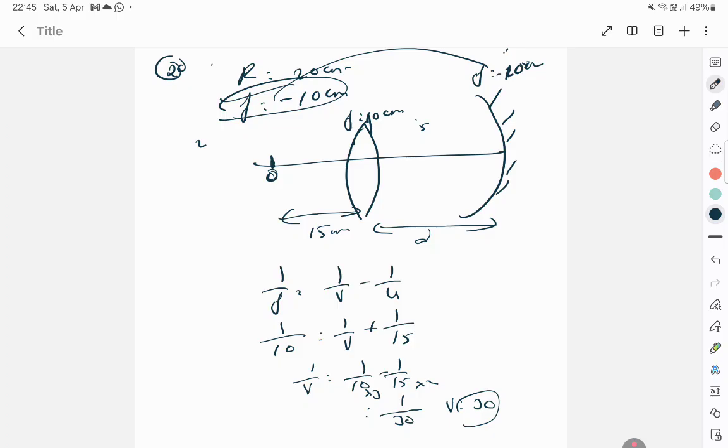Radius of curvature of the mirror. What mirror is it? They've given it as a concave mirror. Will the image be real or inverted? At the same point as the object, you have to get the image.